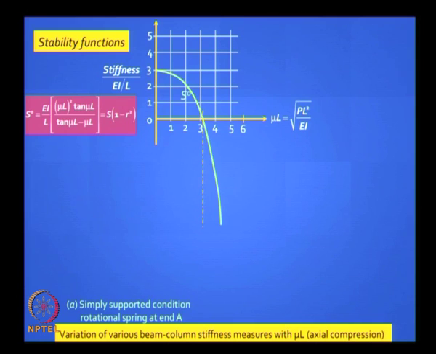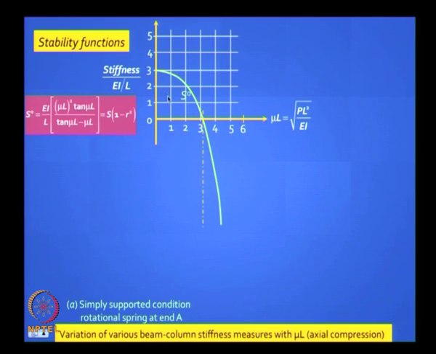On the x axis I have a parameter mu into L, which can be expanded as square root of P L squared by EI. And on the y axis I have that ratio, stiffness divided by EI by L, and when one end is hinged, the answer is 3EI by L typically when there is no axial force acting. Is it clear? Now look carefully.